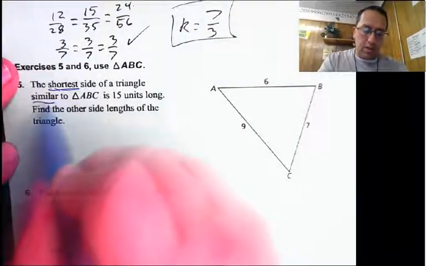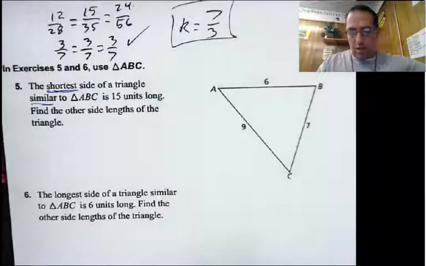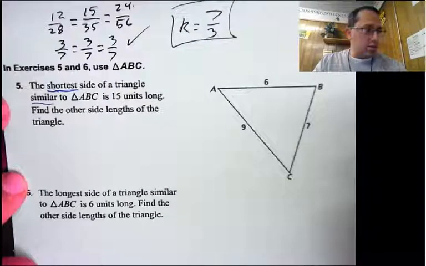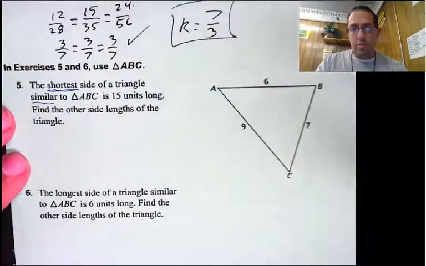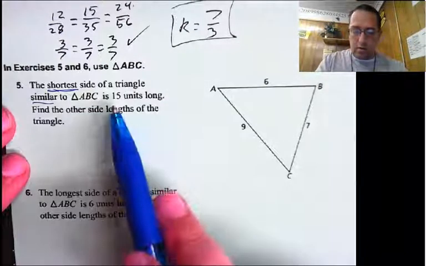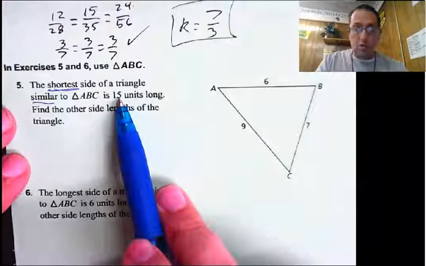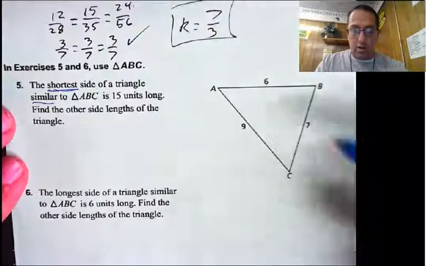I know the triangle is similar to triangle ABC, so all the sides are going to be proportional. If this one's 15, it is going to correspond with the shortest side of this triangle.